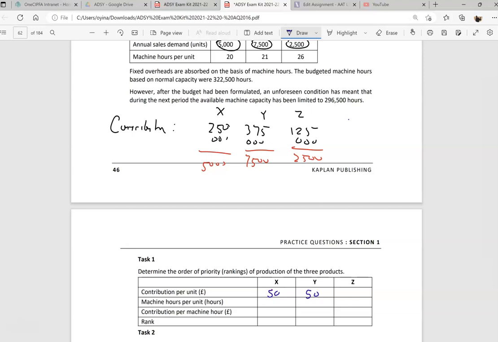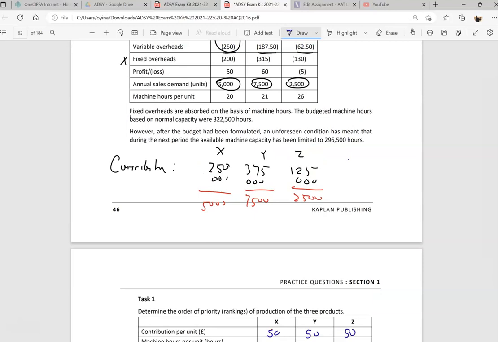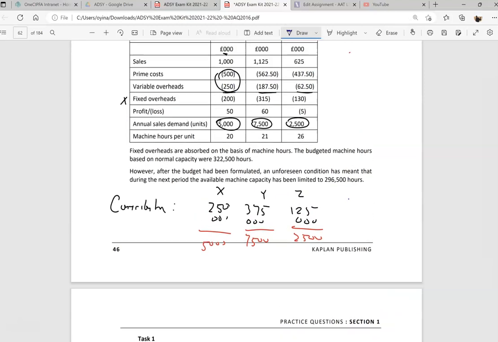And here my contribution per unit is 125,000 divided by 2,500, and that's 50 pounds a unit as well, which is slightly surreal, but I'm going to record this and check the answers later because I'm slightly surprised that they're all exactly 50 pounds a unit.